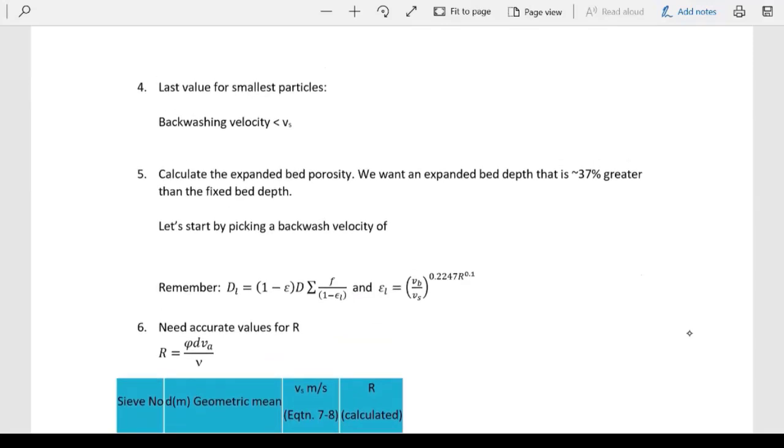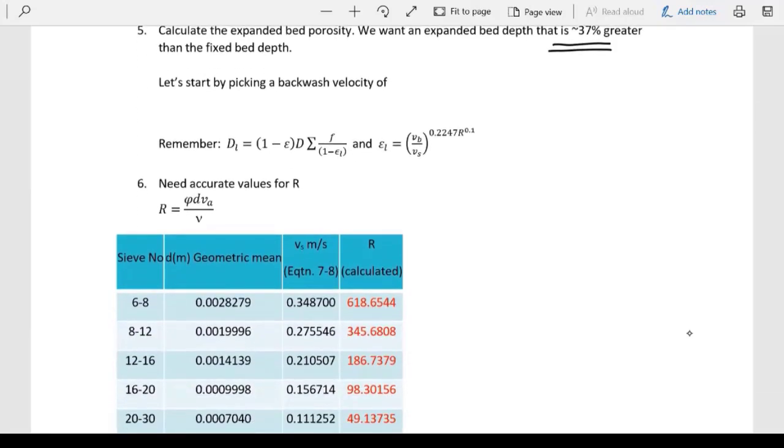So the next thing you want to do is calculate the expanded bed porosity. And we want an expanded bed that's at least 37% greater than the fixed bed depth. So the equation we'll use here is that the depth of our expanded bed is 1 minus, same equation I gave before, 1 minus the porosity. This is the porosity of the fixed bed. And this is the depth of the fixed bed.